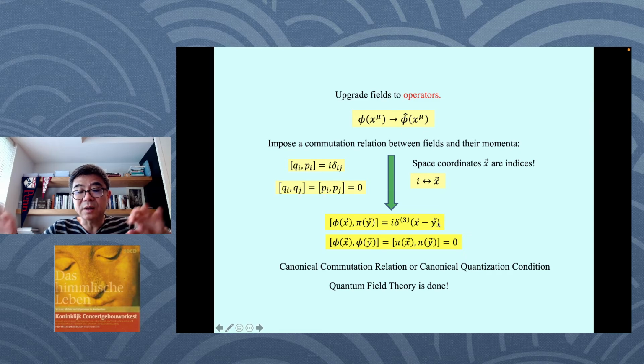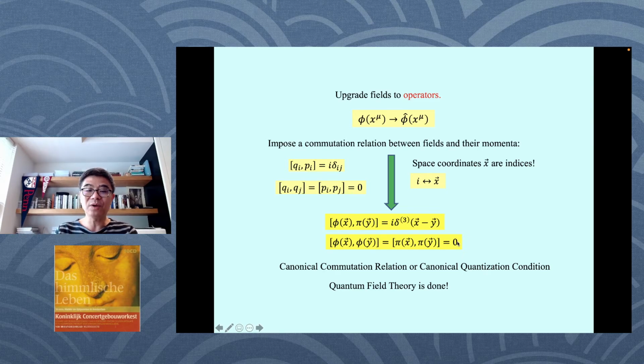If x and y are at different places, it's a different dynamic system, so of course they are not related to each other, and the commutator between phi here and pi there is equal to 0. This exactly corresponds to the particle relation, as you can easily see. And the commutator of phi with phi is 0, and of pi with pi, wherever they are, is 0.